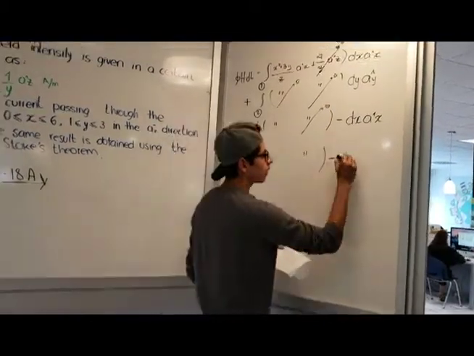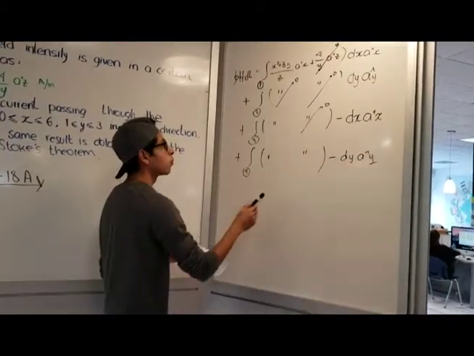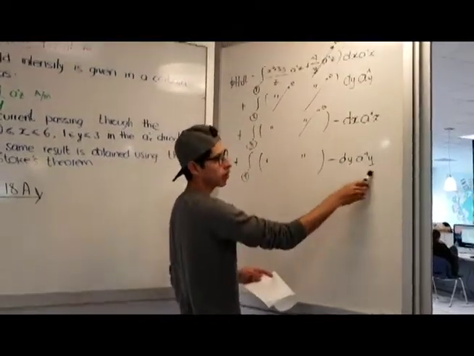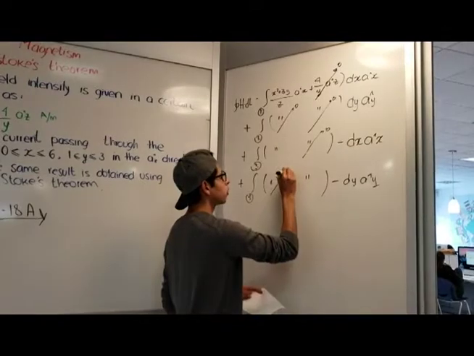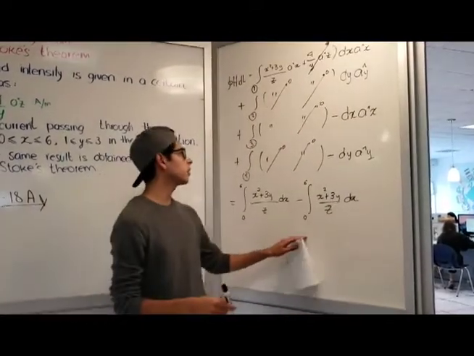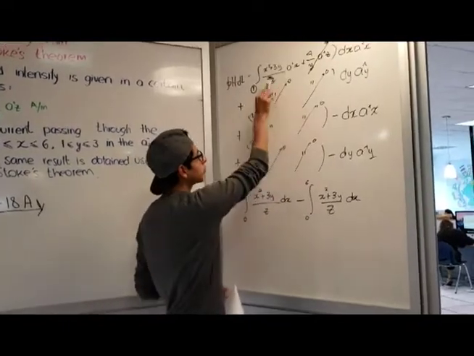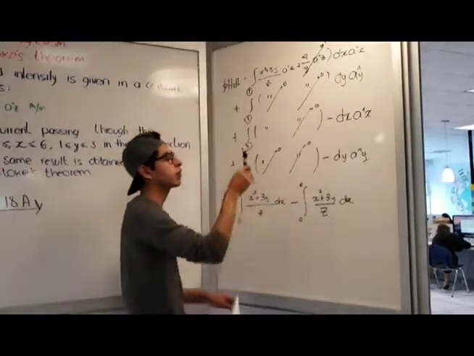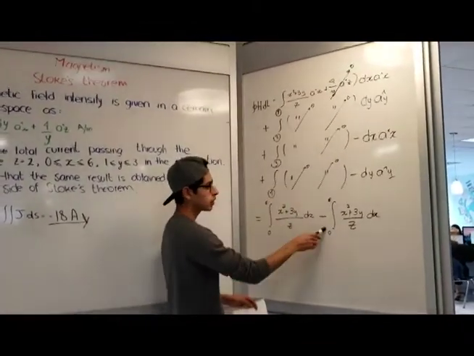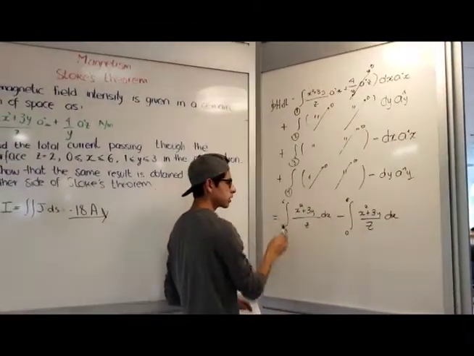And finally, on the last integral, both parts can go to 0 because we have an x, a z, and we only have a y here, so both parts go to 0. So at the end, we end up with these two line integrals, this part and this part, because everything else went to 0. So because it is dx and minus dx, we're going to evaluate from 0 to 6.